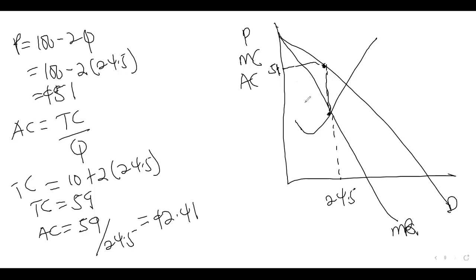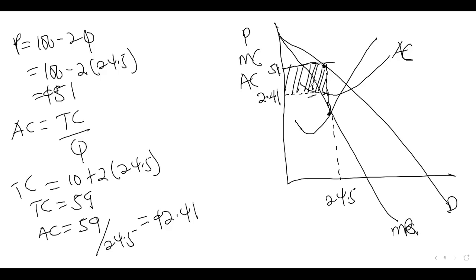So we all know that once we trace this quantity to the average cost, we'll get the average cost to be 2.41. All right. And we are saying this portion is the profit.